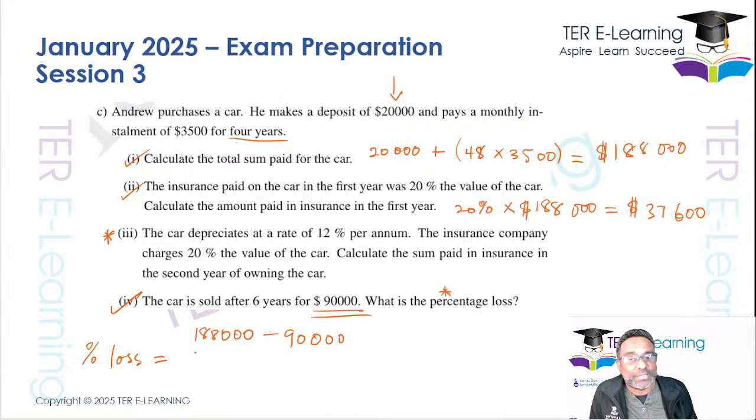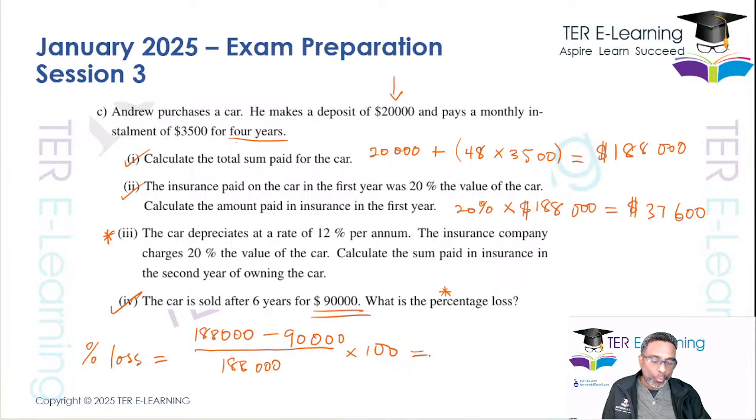That's your actual loss, and you're going to divide that. The most common mistake students make when working out percentage loss is that they don't know what to divide by. You're always going to divide by the original value, which in this case is 188,000. And we just multiply this by 100, and this will give us our percentage loss.